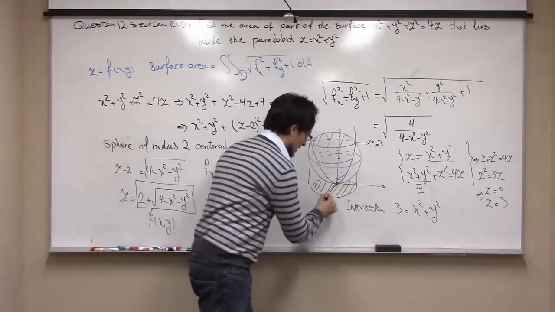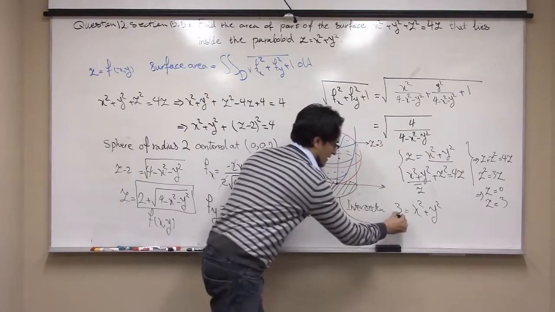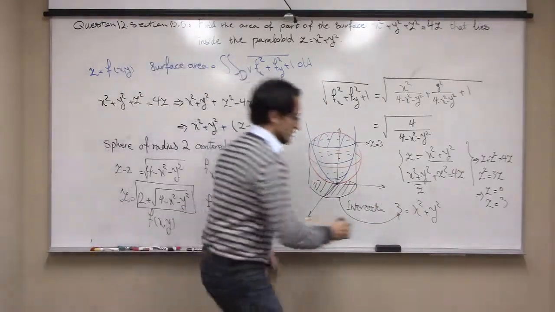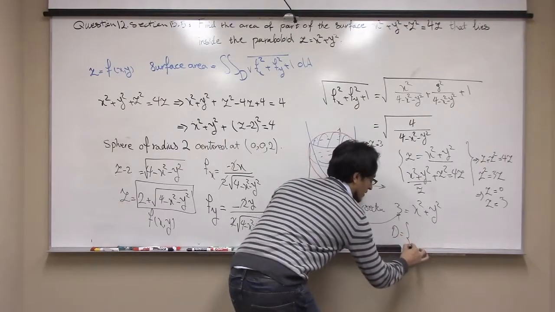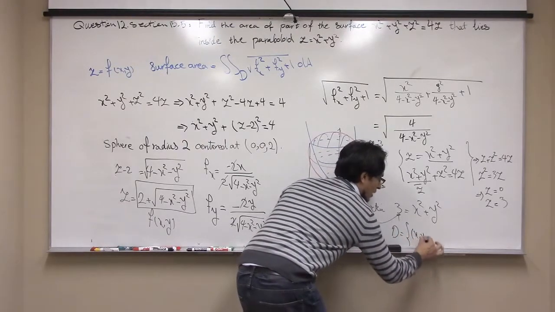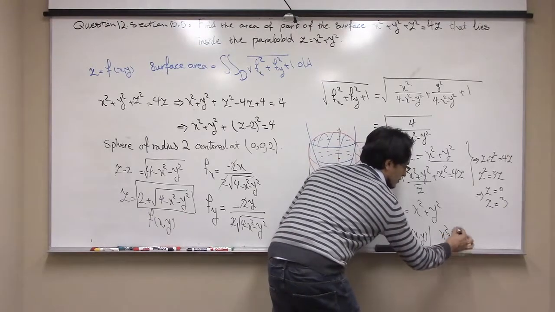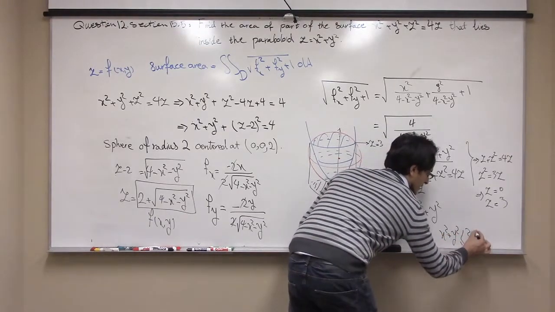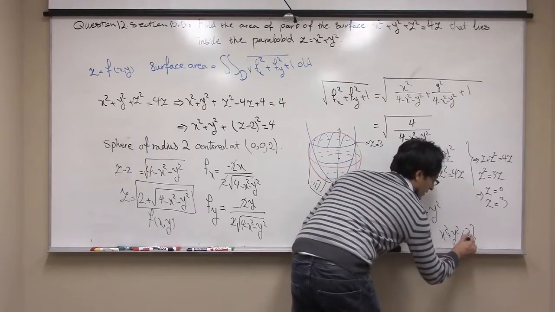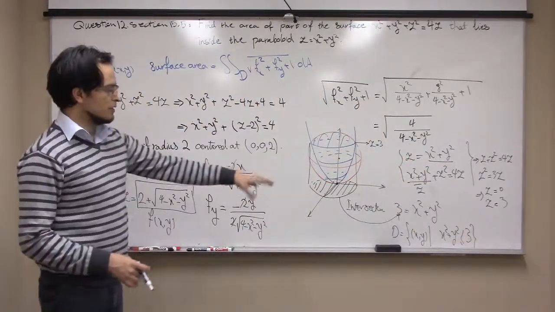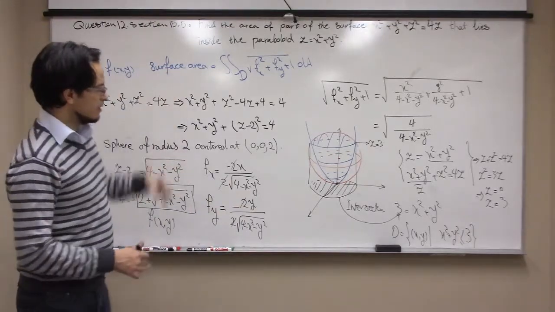So this guy here is given by that, but I want to find inside that. So my region is going to be all x, y's such that x squared plus y squared is less than 3. Okay, I found the region, and now I can integrate.